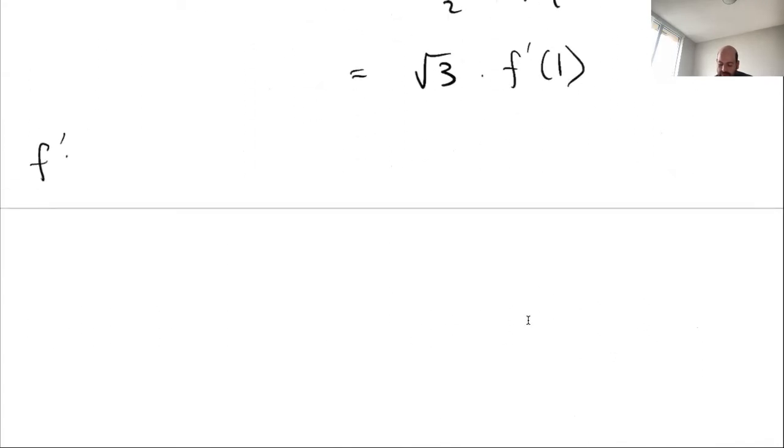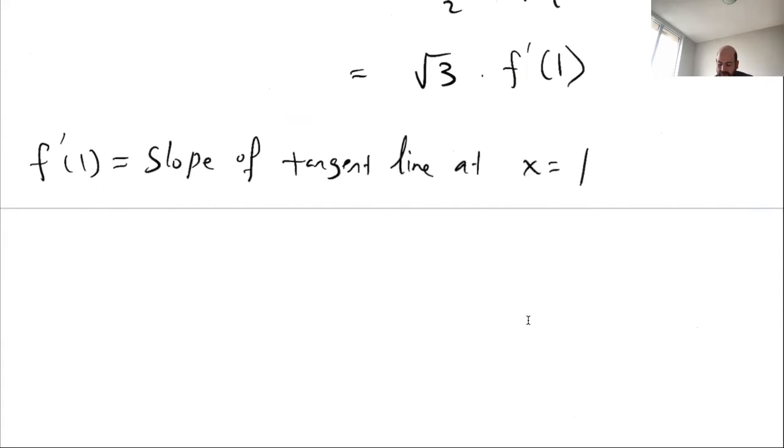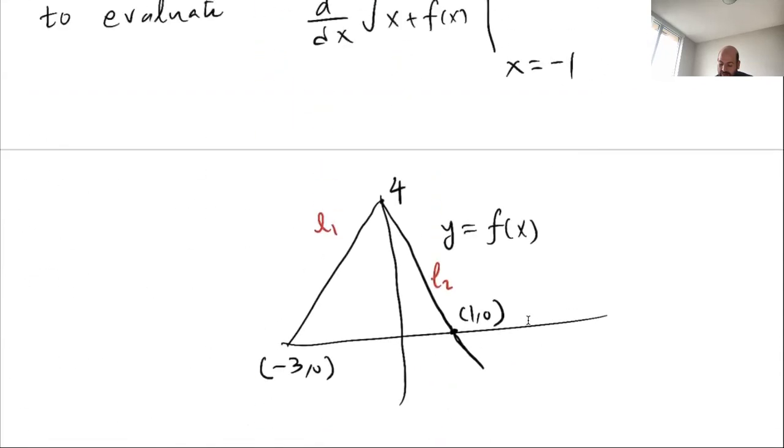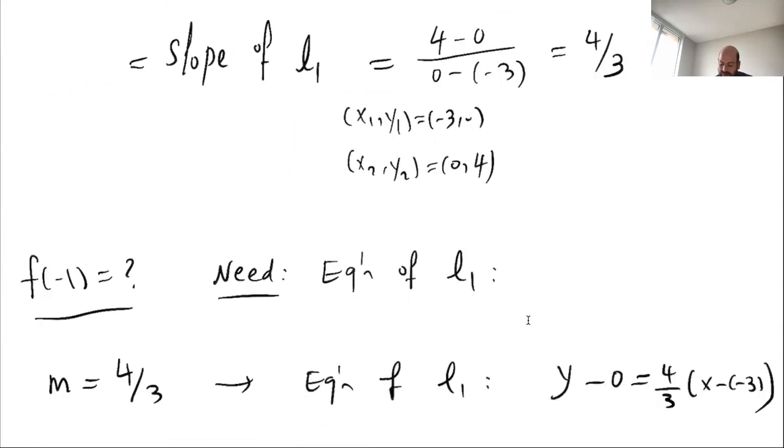f prime of 1 is equal to the slope of the tangent line at x equals 1, which is the slope of this line here, L2, if I call it L2, slope of L2.